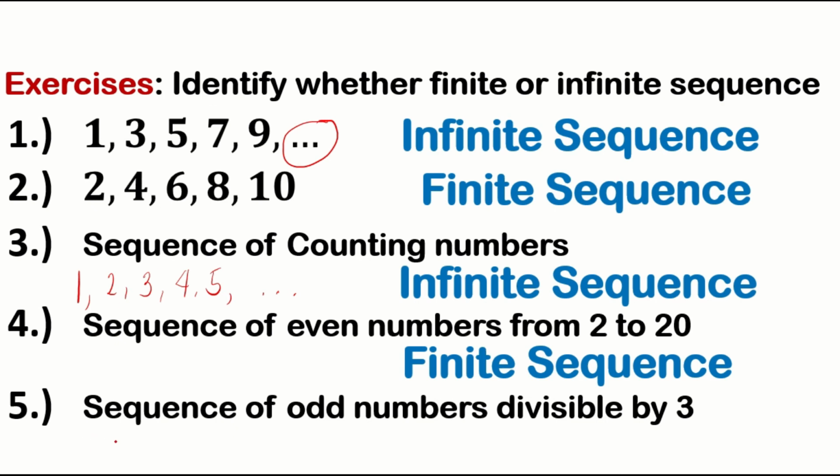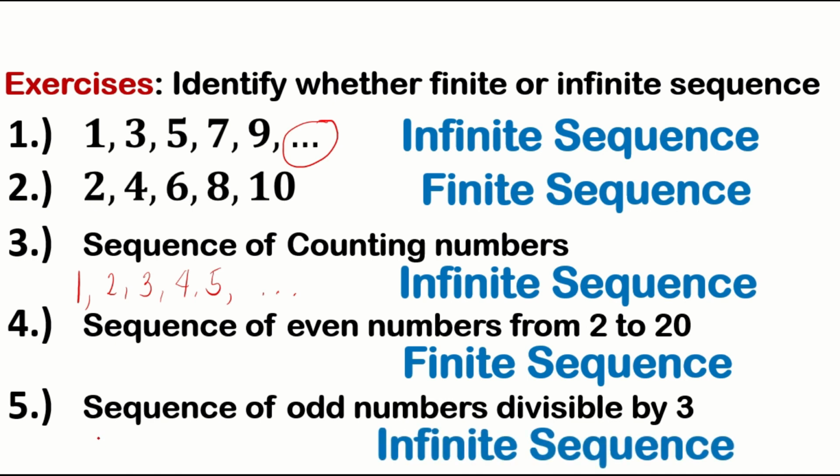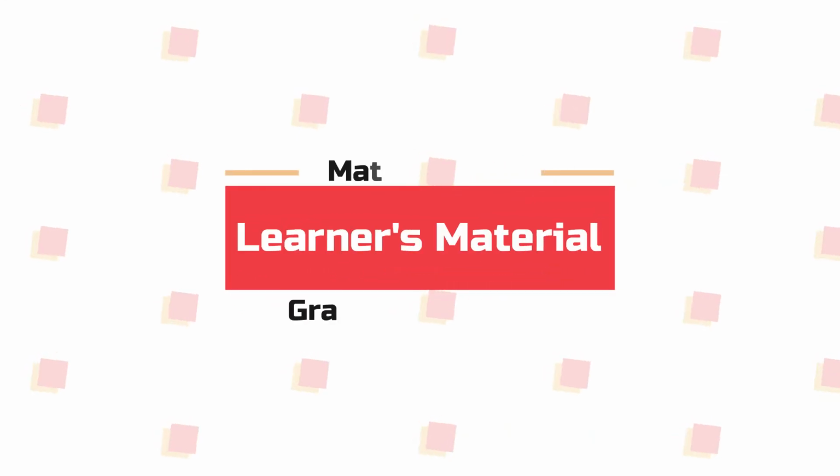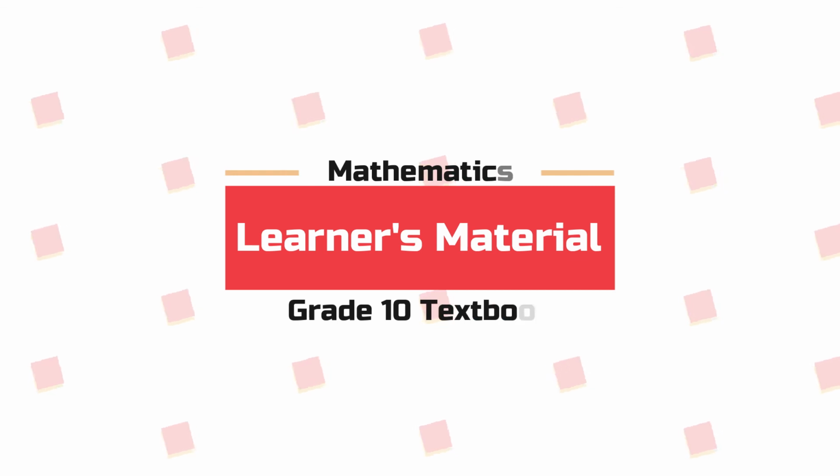The sequence of odd numbers divisible by 3 is an infinite sequence: 3, 6, 9, 12, 15, and so on. This goes on forever. You may refer to your learner's material in Math 10 or your textbook provided to you for more examples.